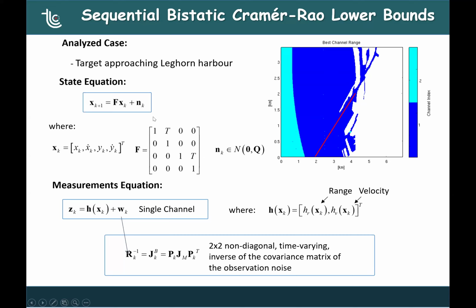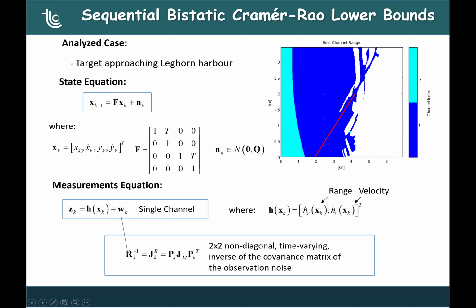Now, the state equation for the target is this one: x at time instant k+1 is the usual F times x_k plus the process noise. F is the transition matrix that characterizes the kinematic equation of the target, and it is this one.